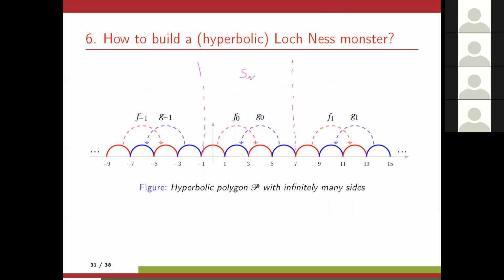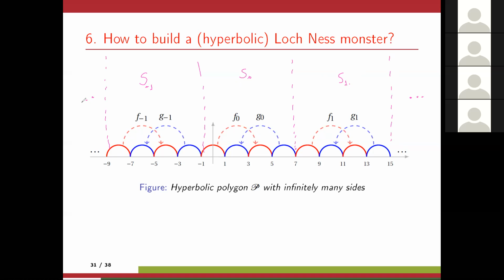On the right, we draw the following strip, having exactly 4 half circles, index 1. On the left, we draw the following strip, also with 4 half circles, index -1, and so on.